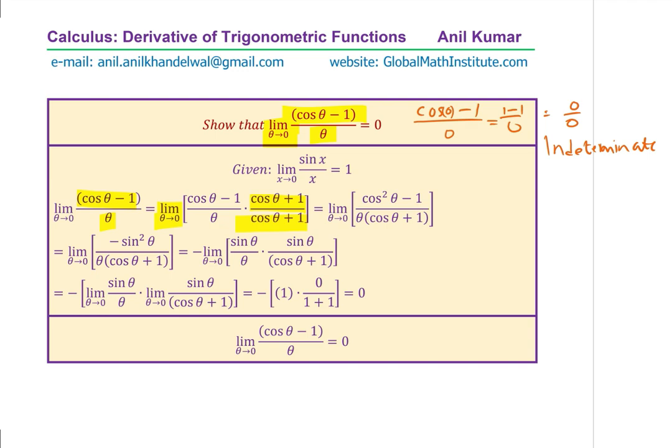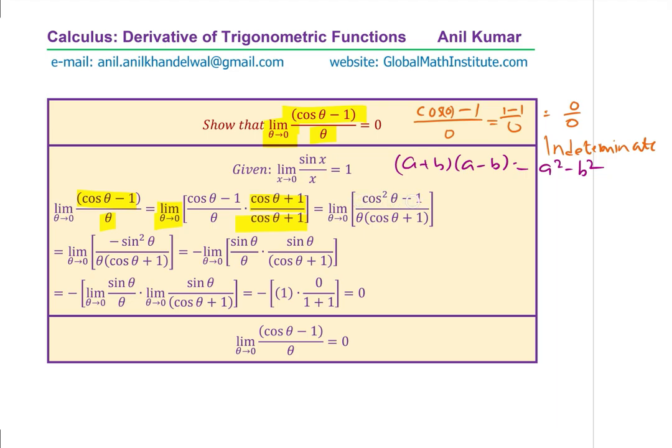In the numerator, a plus b times a minus b is a square minus b square, right? You remember? So when we do the rationalization in this form, cos theta minus 1 over theta times cos theta plus 1 over cos theta plus 1, we get cos square theta minus 1 over theta times cos theta plus 1. Do not expand the denominator.